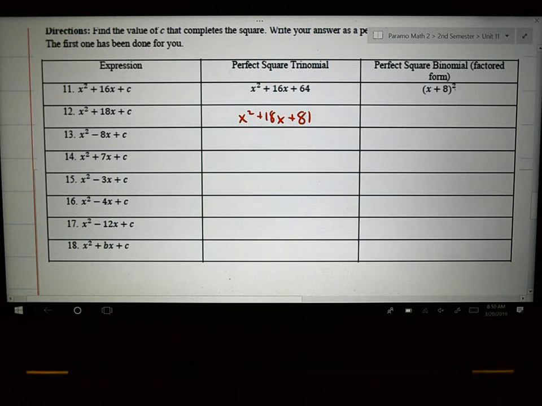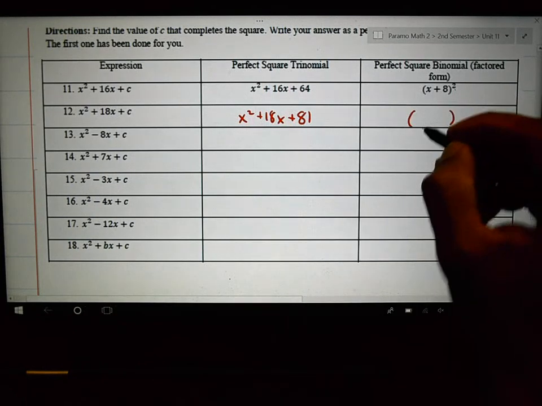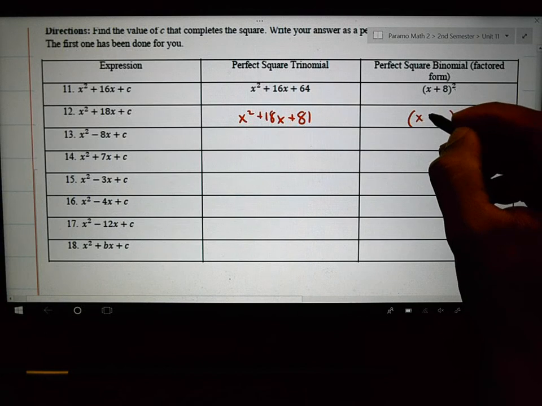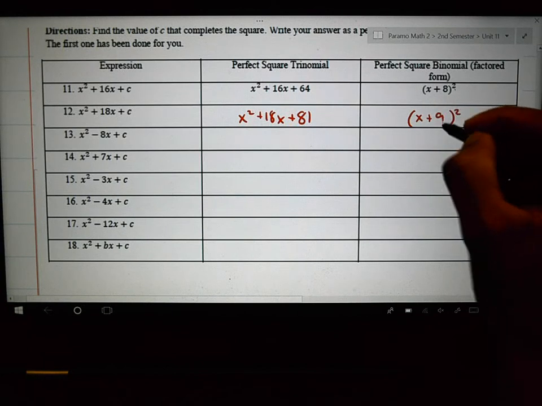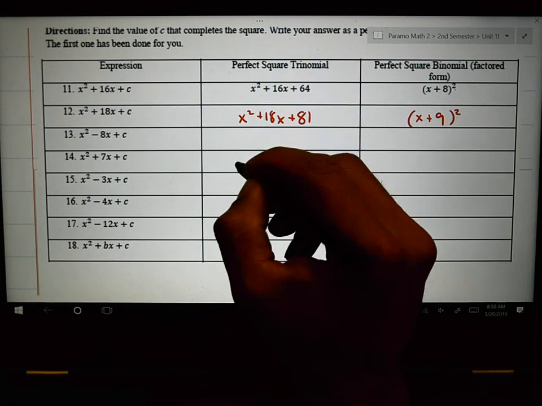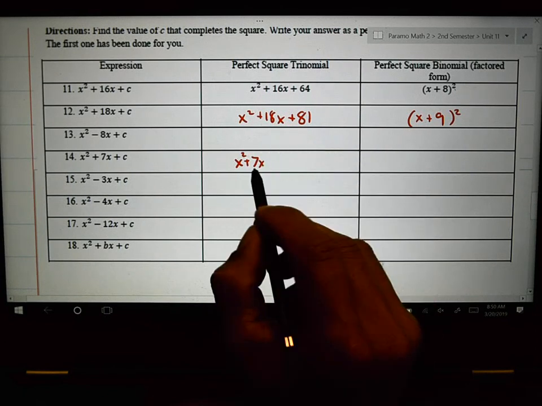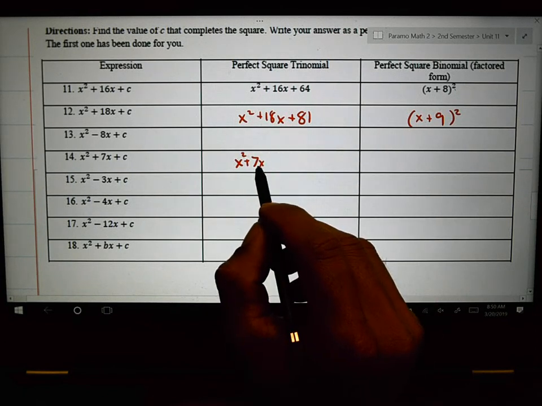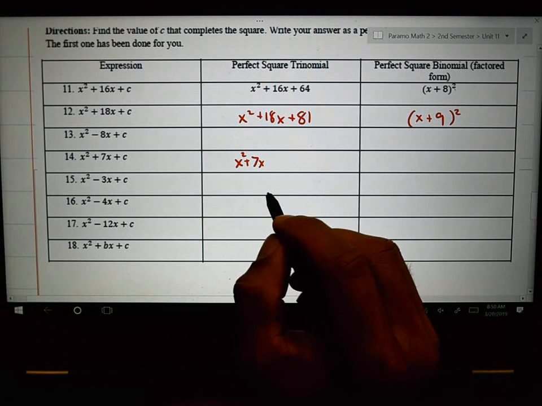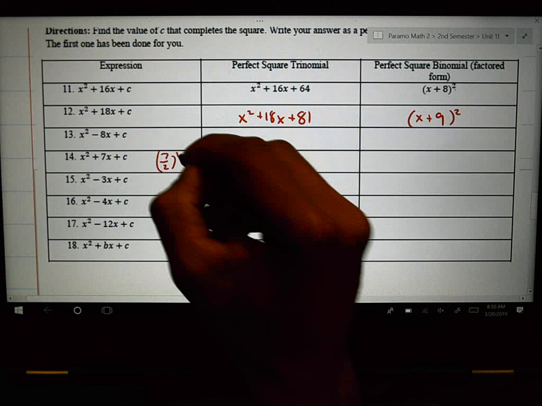But when we factor it, it's x plus 9, exactly. So I'm hoping that makes sense to you. I'm going to jump to 14 because it's an odd number. If you have a 7x and you're trying to figure out what half of it squared is, 7 over 2 squared, square the top, square the bottom.